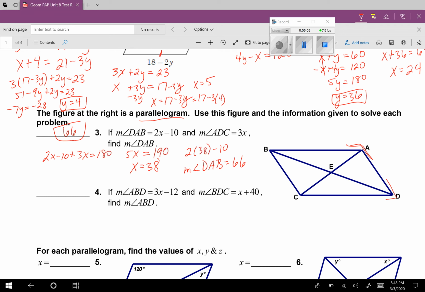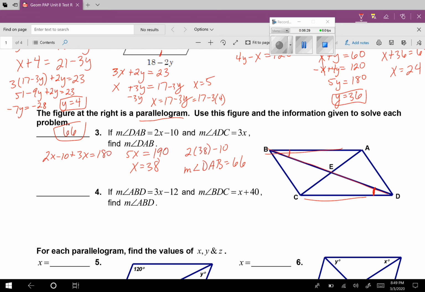Now it says if the measure of ABD, so ABD is right here, is 3x minus 12, and then BDC, so this one right there, is x plus 40. Find the measure of angle ABD. Okay, these are parallel lines. This is our transversal.